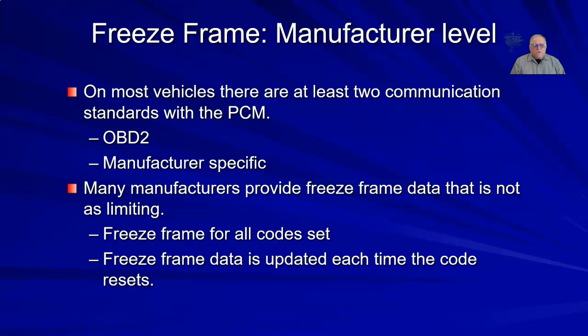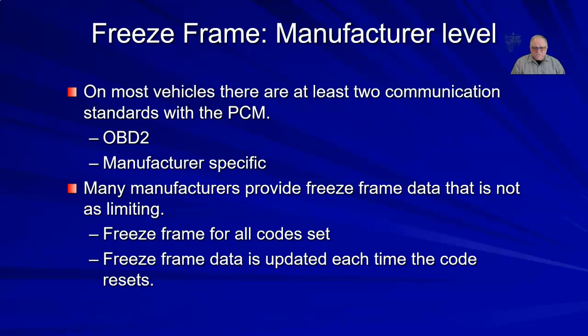When you put a scan tool on the vehicle, if you have one of the more expensive scan tools and you identify make, model, and year of the vehicle, the data that you're going to get is the manufacturer's data, not the OBD2. Freeze frame data with the manufacturers, so like for GM, if that computer is capable of setting 74 codes, it can record 74 freeze frames.